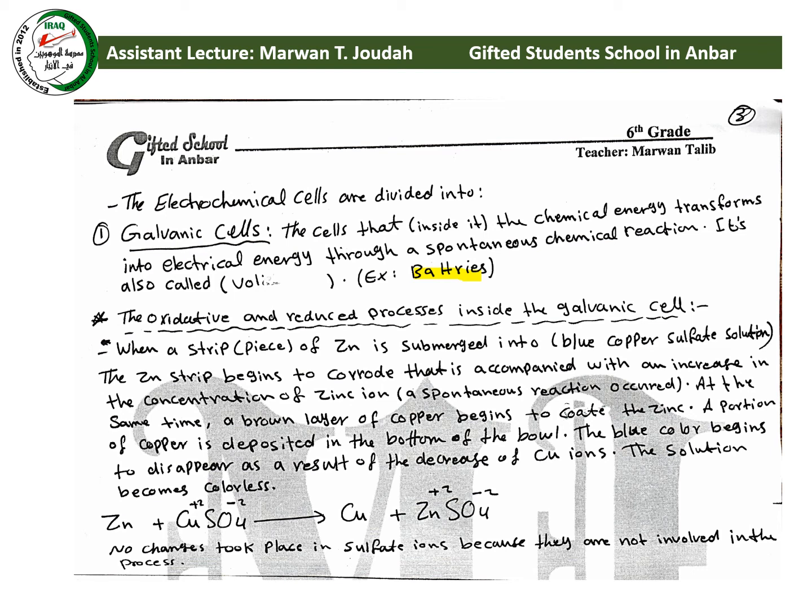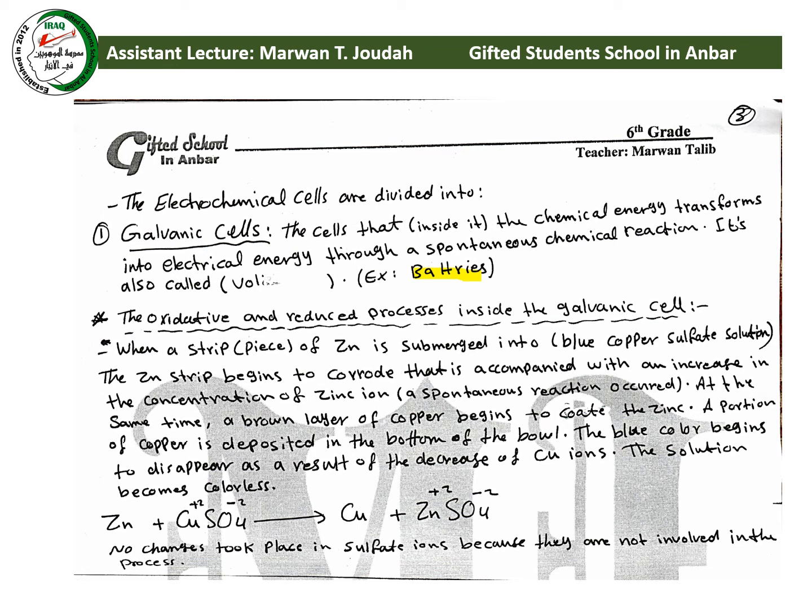We indicate what happens in the cell by the color change or the coating change. A portion of copper is deposited at the bottom of the bowl, so it will be a precipitate.